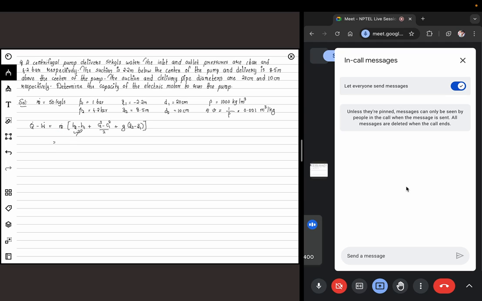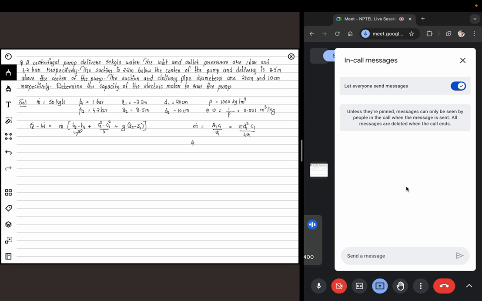M dot is already given. So how do I calculate C1 and C2? So we know M dot is given by A1 C1 by V1. V is your specific volume, and since the delivery pipe is circular, A1 is πD1 square by 4V1.